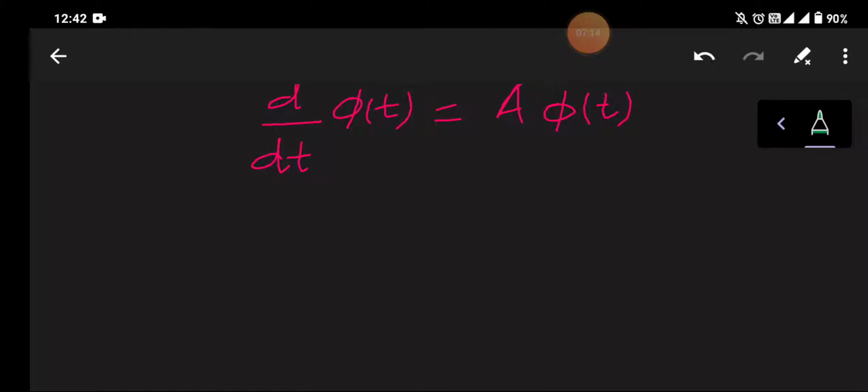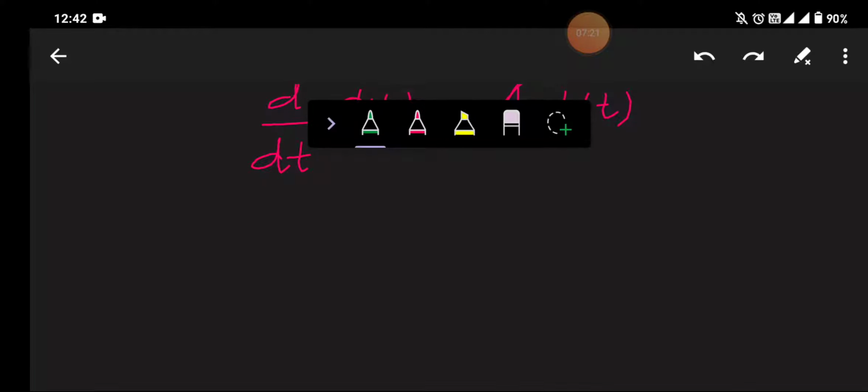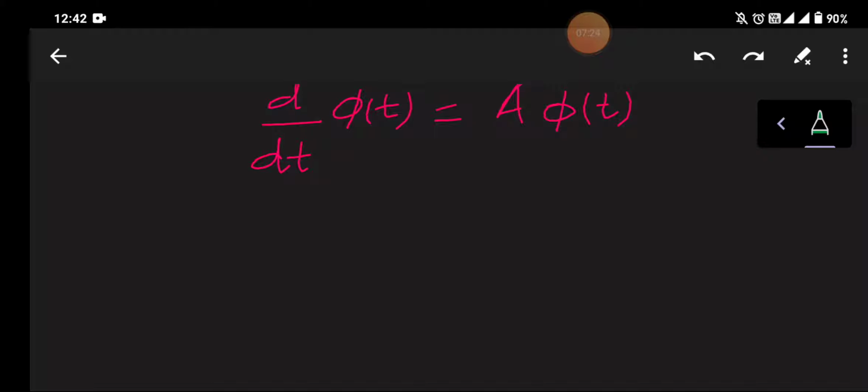Now I can write x t, which is our present state, as given by phi t multiplied by x at 0.